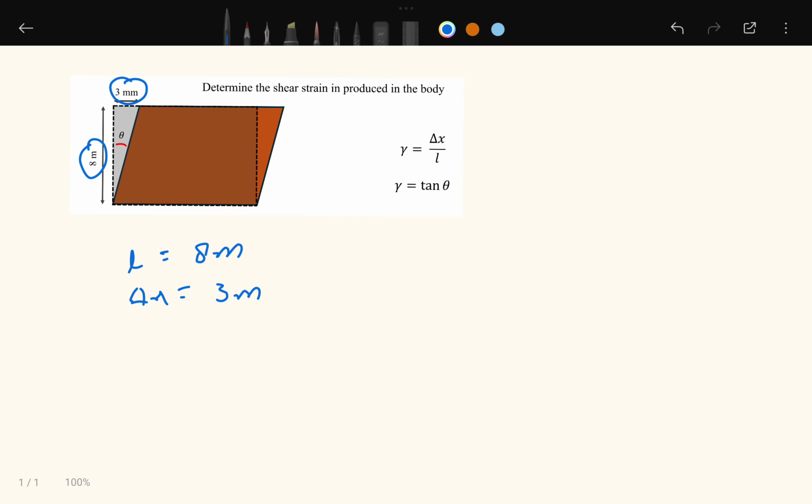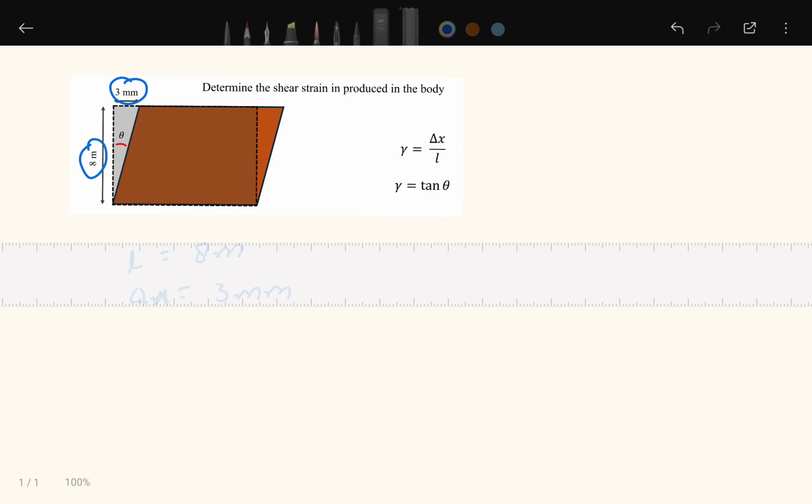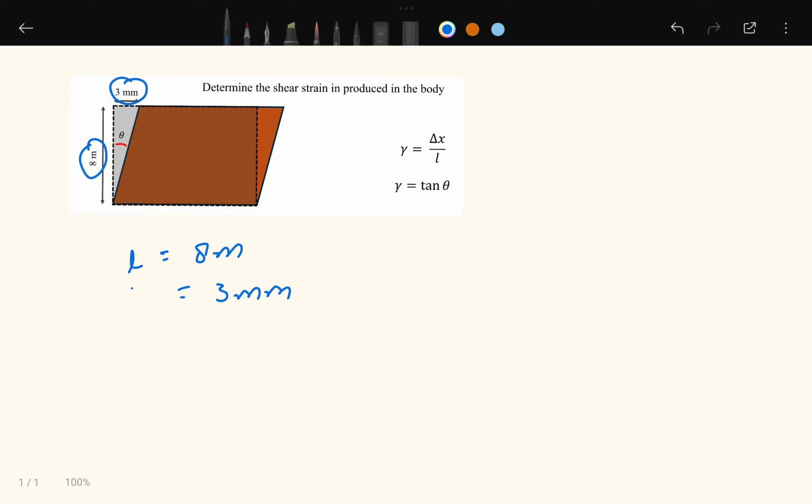That is the change that is produced in the body. Just keep the units in mind. And then you have the angle theta, which is unknown.